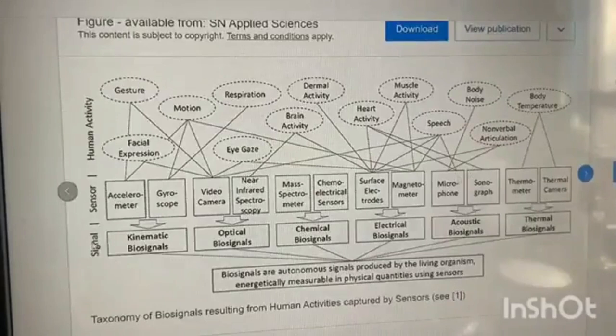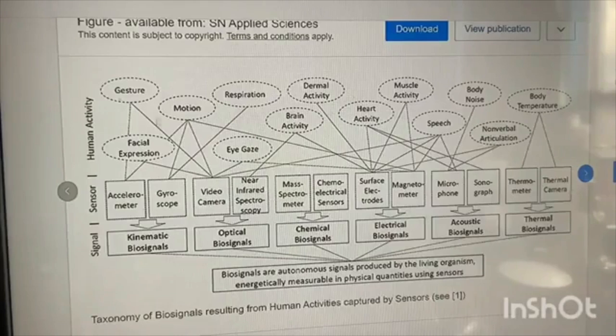The issue with all of this, for most people, is here. You see the signal: kinematic, optical, chemical, electrical, acoustic, or thermal. You see the sensor: accelerometer, gyroscope, video camera, near-infrared mass spectrometer, chemo-electrical, surface electrodes, magnetometer, microphone, sonograph, thermometer, thermal camera.